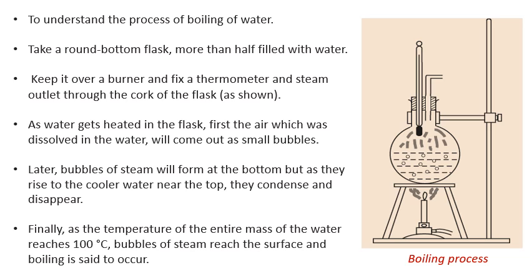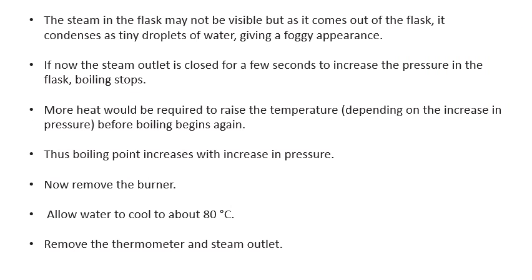Finally, as the temperature of the entire mass of water reaches 100 degrees Celsius, bubbles of steam reach the surface and boiling is said to occur. The steam in the flask may not be visible, but as it comes out of the flask, it condenses as tiny droplets of water, giving a foggy appearance.